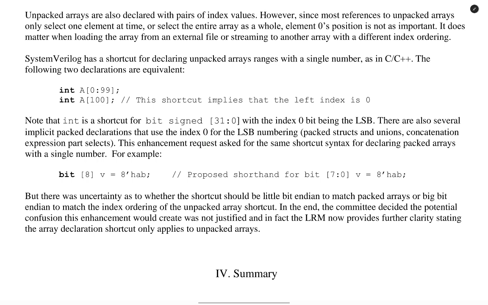For example, the proposal was to use a shorthand for bit [7:0] v, and for the 8'hAB value.